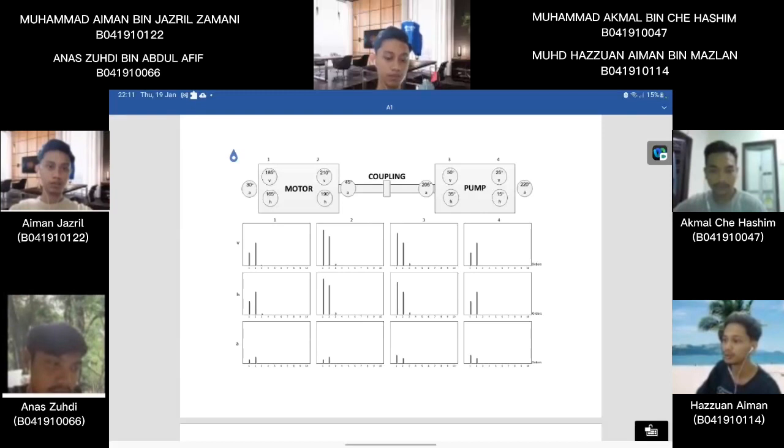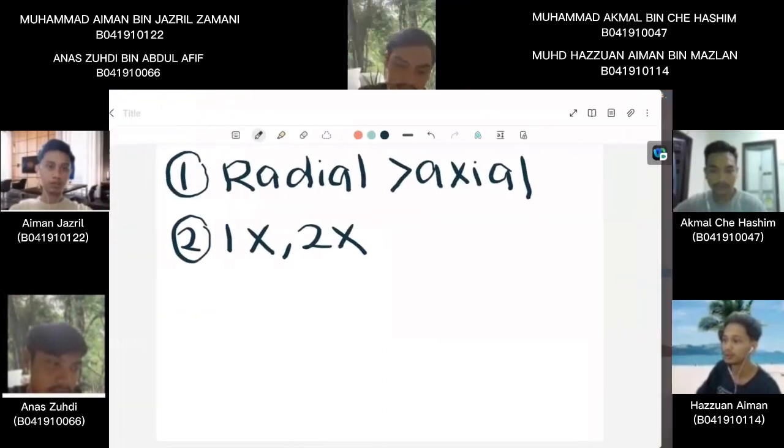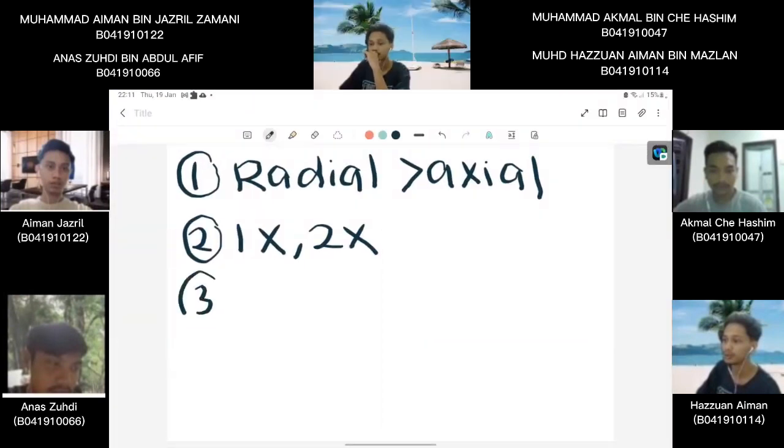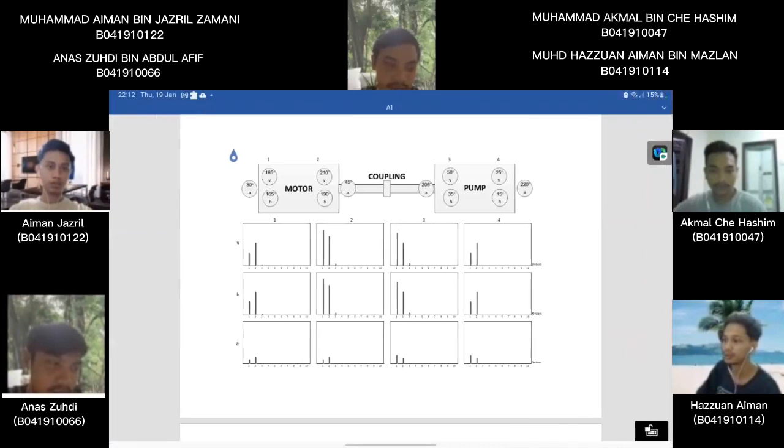At positions 1 and 4, the 2x is bigger than 1x. We know that 2x is bigger than 1x. So next we look at the phase difference.